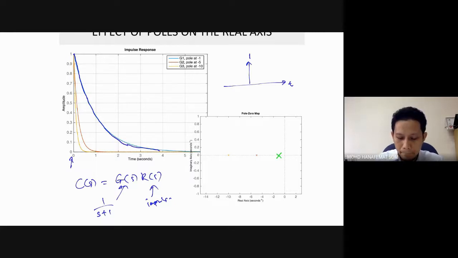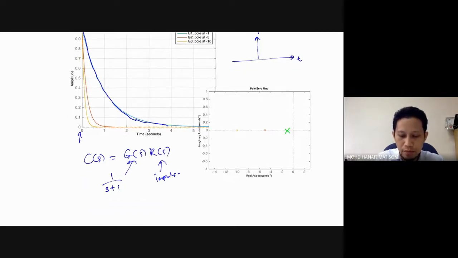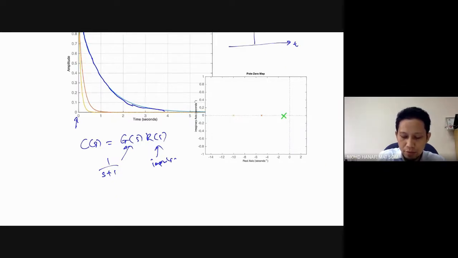Why? When you find the time response of this output, you will get this expression, which is A exponential negative 1t. A exponential negative 1t.